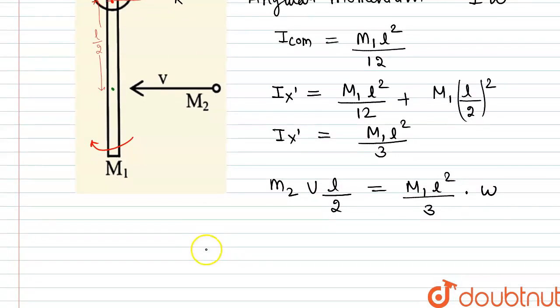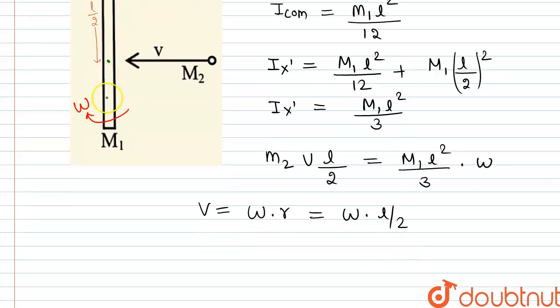Now, velocity v is omega and the distance r, right? And this distance r is L by 2, right? So from this we can write the velocity is omega into L by 2, and this rod rotates with omega, right? Now put the value of velocity in this equation.